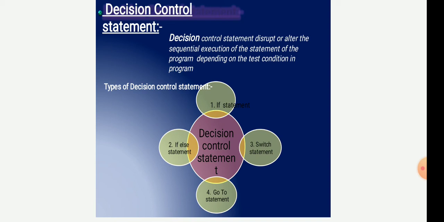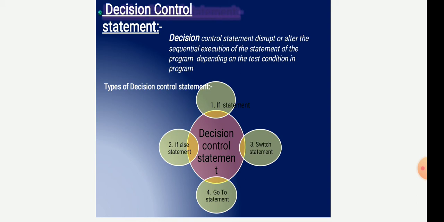There are four types of decision control statements. Our first type is the if statement, our second type is the if else statement, our third type is the switch statement, and our fourth type is the goto statement.